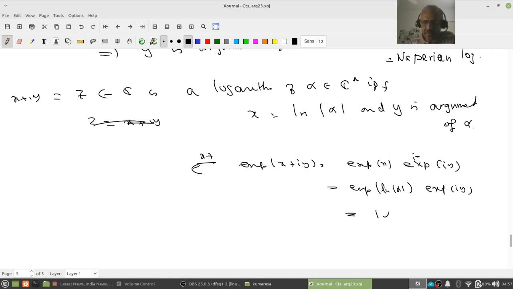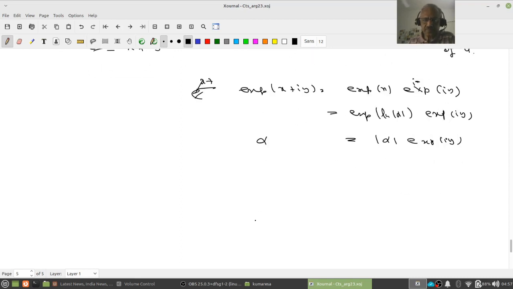But this is mod alpha, and this is exponential of iy, that's an argument. And since y is an argument, this is alpha. So pause, review, proceed.